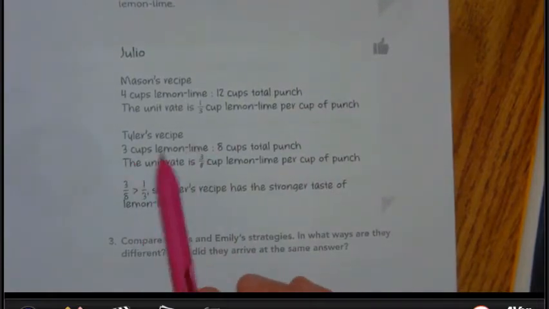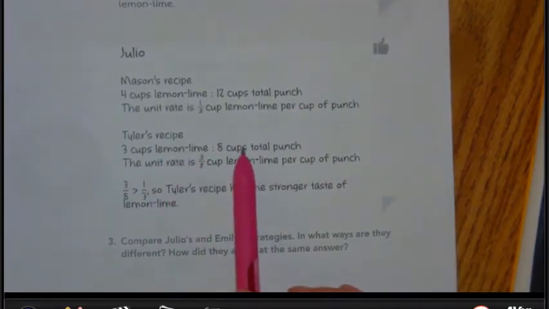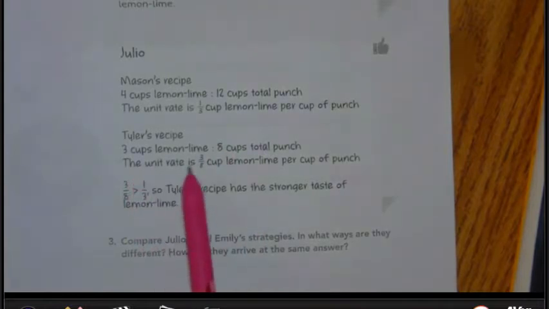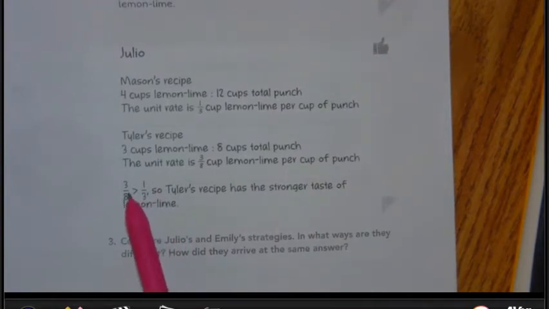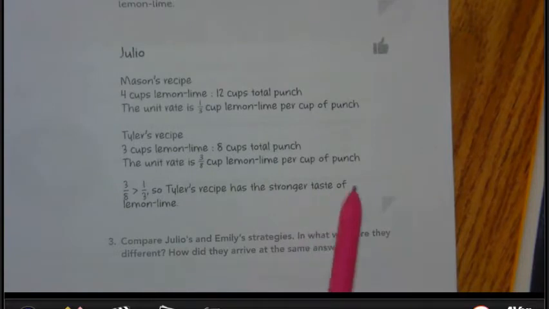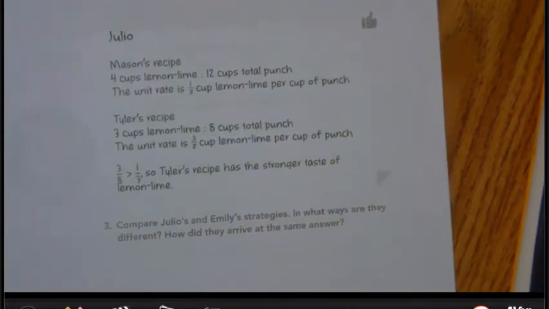Tyler's recipe, 3 cups of lemon lime to 8 cups of total punch. The unit rate is 3/8 cup of lemon lime per cup of punch, where 3/8 is greater than 1/3. So Tyler's recipe has the stronger taste of lemon lime. Okay, and it looks like Julio is correct.